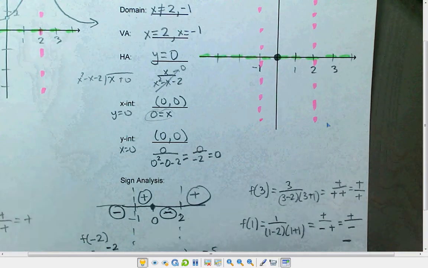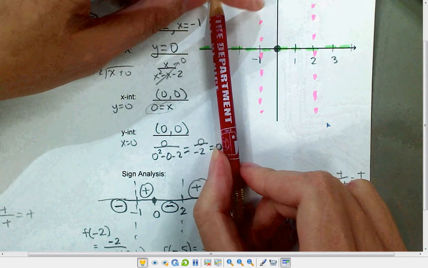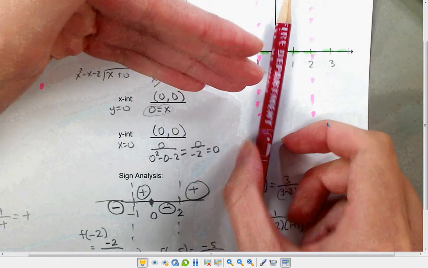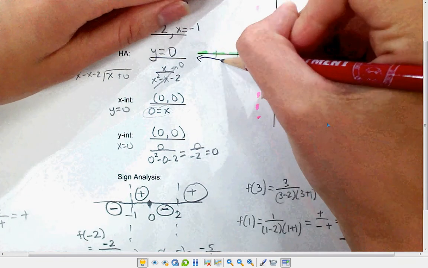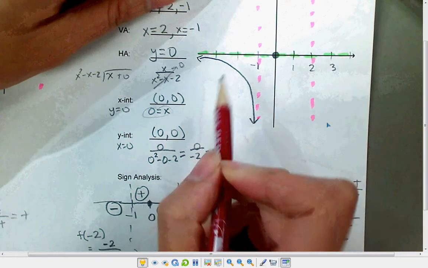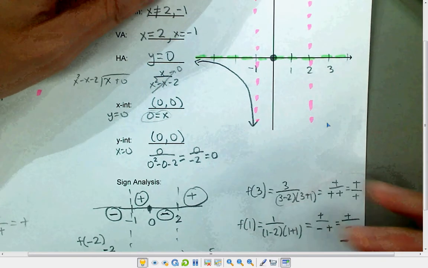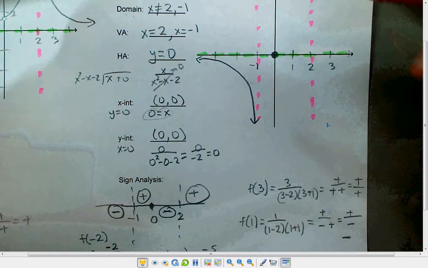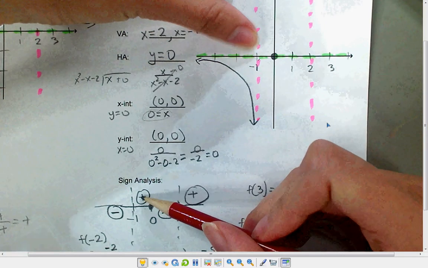So here's negative 1. Right. On the left side of negative 1, I want everything to be below the x-axis because it's negative. So that means I just want this section to be down here, where it's still approaching both asymptotes, but it's just underneath the x-axis. Between negative 1 and 0, I want it to be above the x-axis.